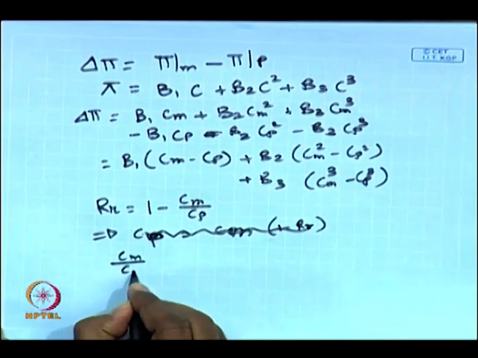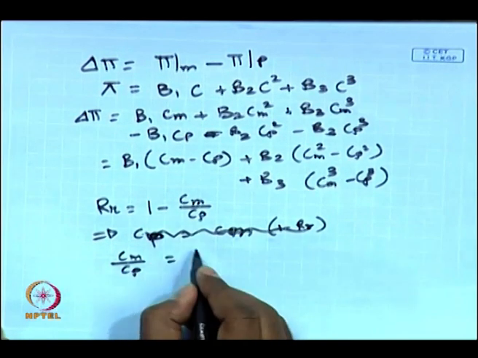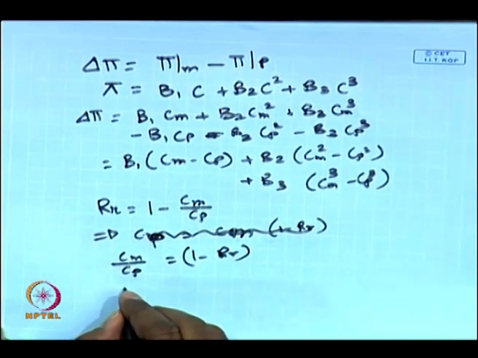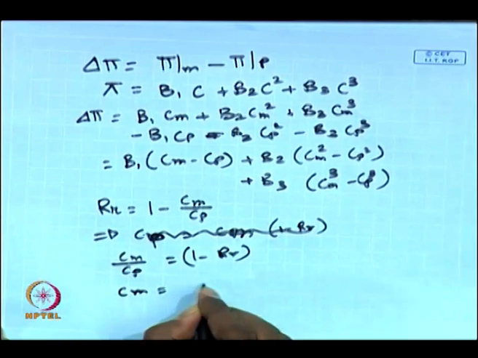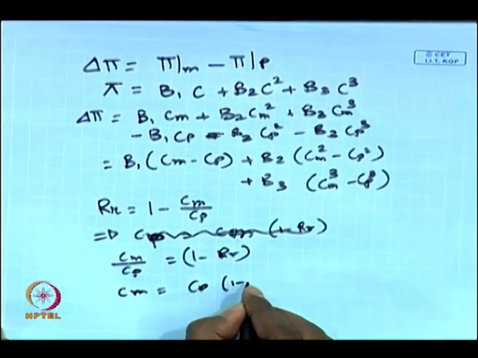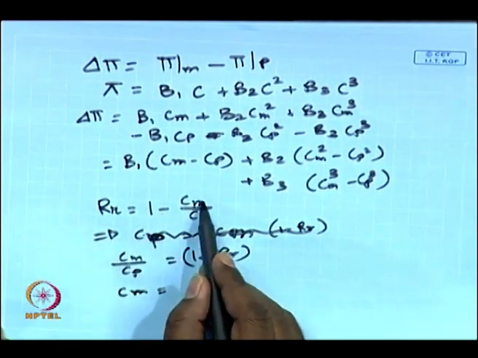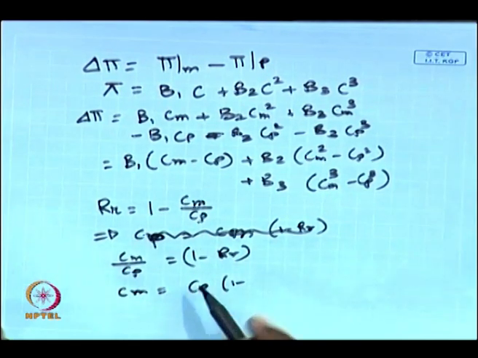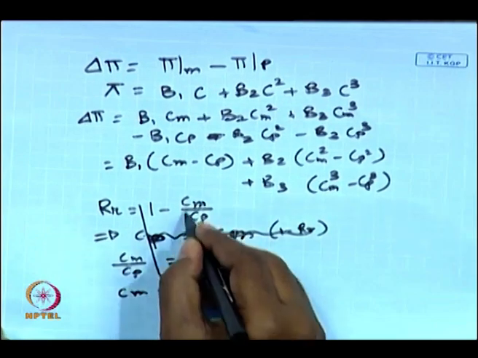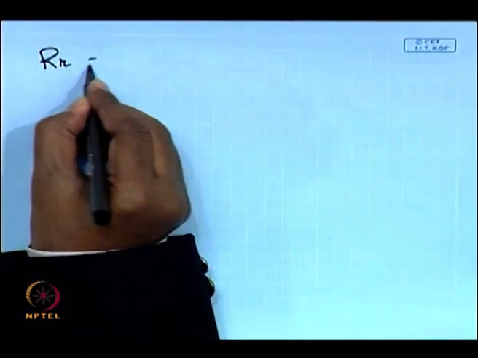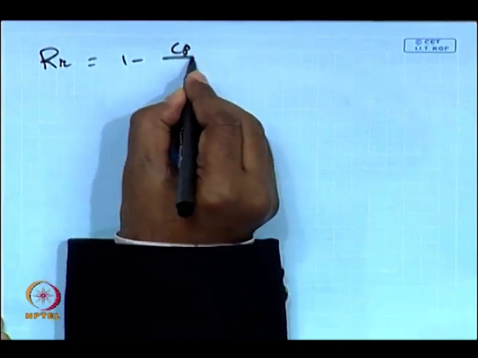I will just derive it. So, I think there is a mistake there. RR will be 1 minus Cp by Cm, if you remember the definition of RR. Real retention will be nothing but 1 minus Cp by Cm.